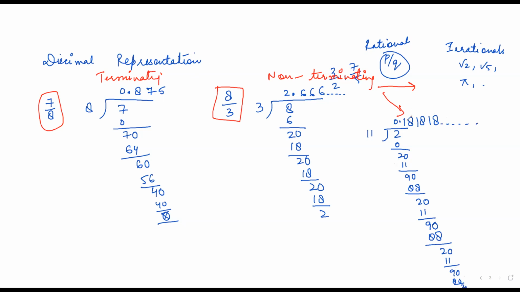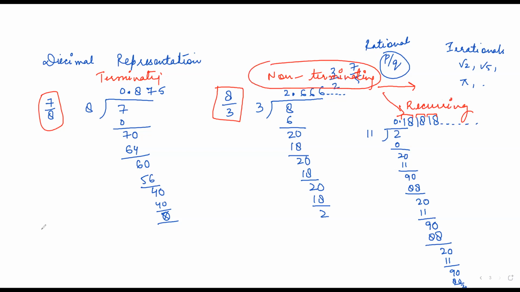Yes, ma'am. But you see that a pattern is repeating here, 18, 18, 18. So we call such numbers recurring, like recurring decimal. Recurring means reoccurring, I mean, it's occurring again and again. So 0.18181818, it will not end. So first of all, it is non-terminating, but it is recurring also.